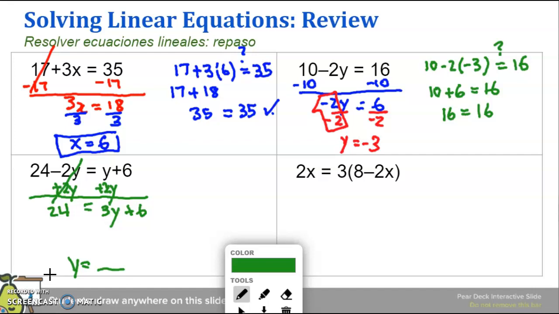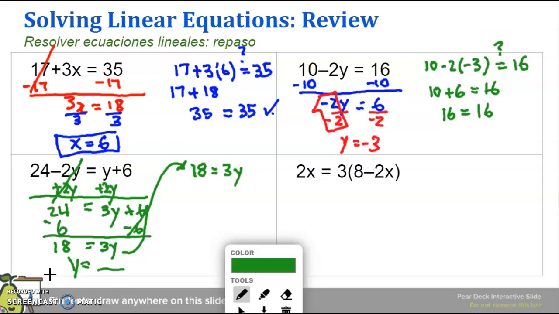So we want to get rid of this plus 6, so we subtract 6 from both sides, and that goes away to 0, and you're left with 3y is equal to 24 minus 6. 24 minus 6 is 18 here. I'm going to bring my work over here. So far I have 18 is equal to 3y.